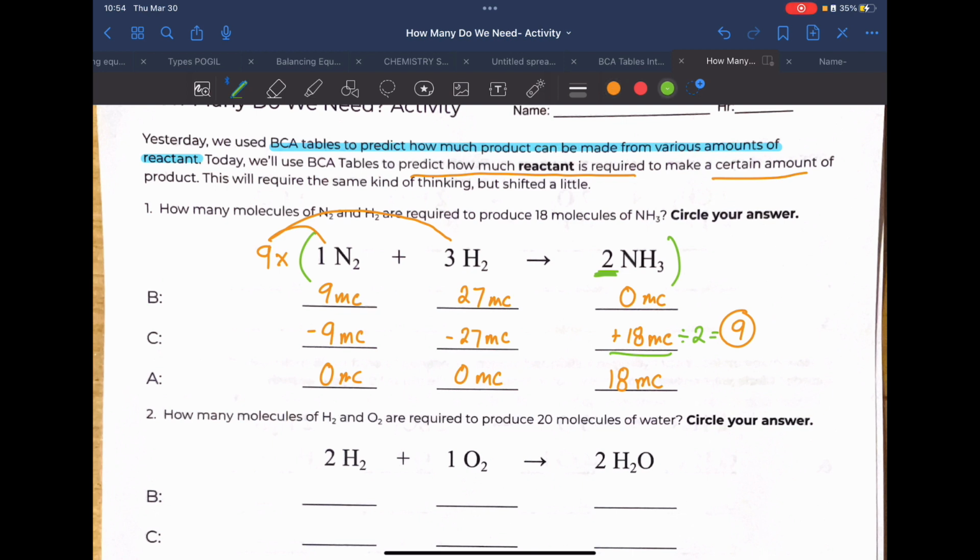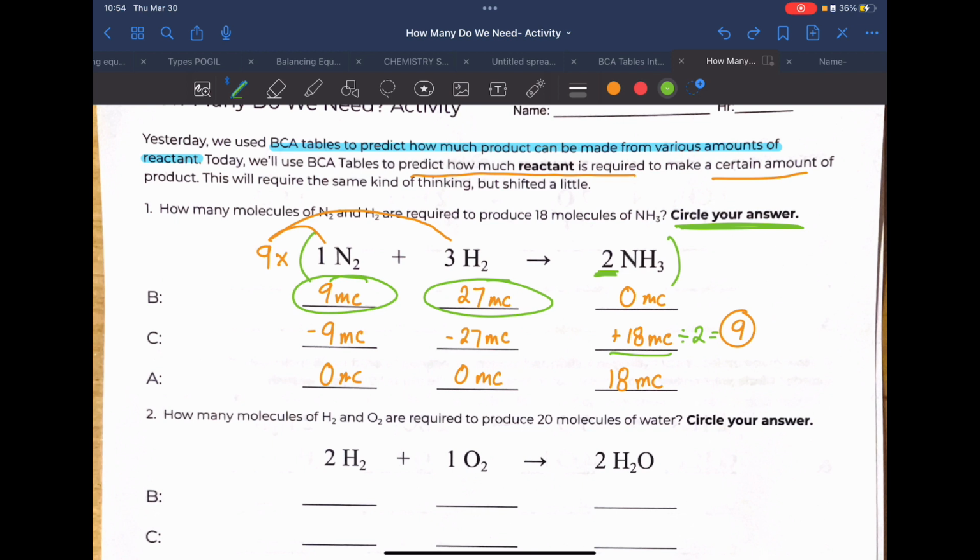Actually, not yet, because I have not circled my answer. This is really important, guys. On these questions, like on your quiz and on your test, you need to make sure that you're actually answering the question. This table does not answer my question on its own. So if it says circle your answer and you don't circle your answer, then I don't know that you know what the table means, right? I don't know that you know what B means, or C, or A. Before what?